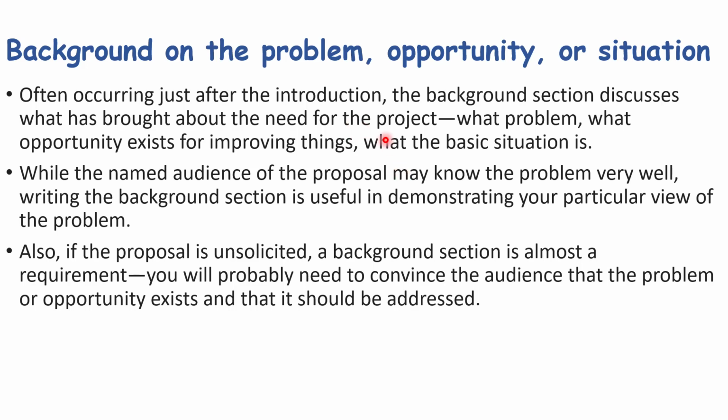But in that case also, you may have to write the background or the situation so that the process of your writing, or your description of the situation, might appeal to the project providers or the audience.